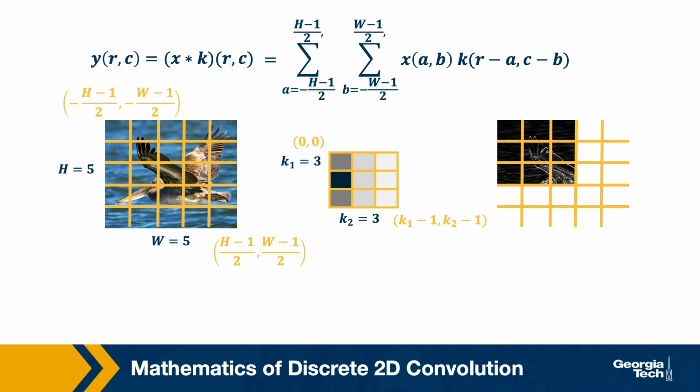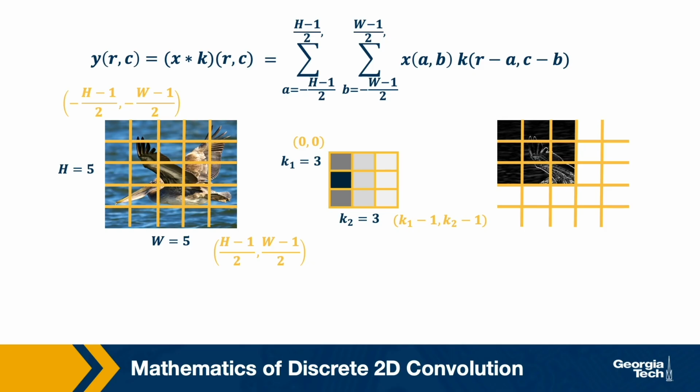And so 0, 0 is going to be on the upper left in this case. What we're going to do is y of, let's say, 0, comma 0 will equal the summation over the entire image, where we multiply the input image pixel times the kernel value. If you look, we're summing from upper left to lower right all the pixels in the image, and we're multiplying x of a comma b.